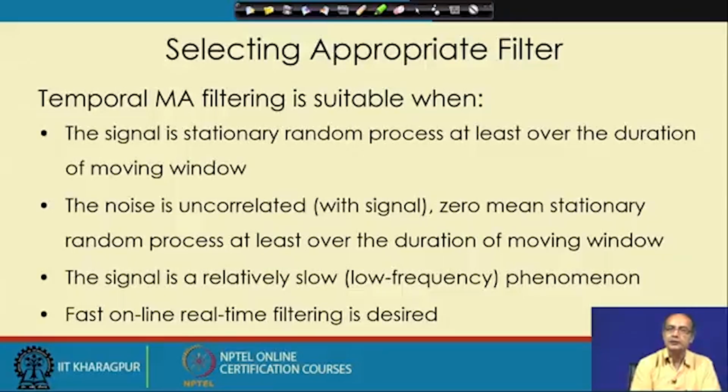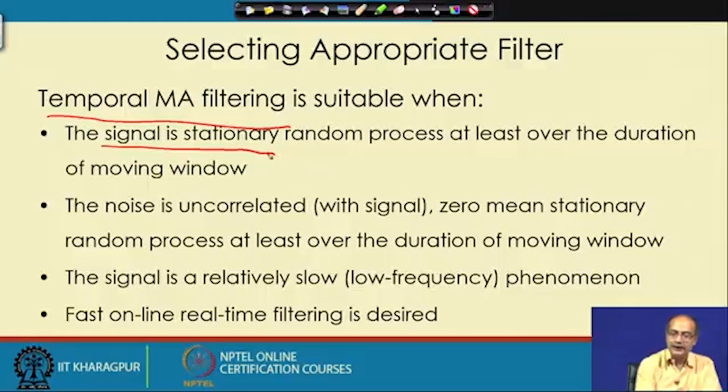The next important type of filter that we have taken is the temporal MA filter. It is suitable again when the signal is stationary at least over the duration of the moving window.